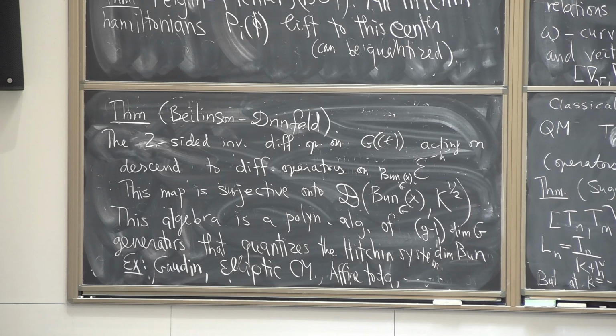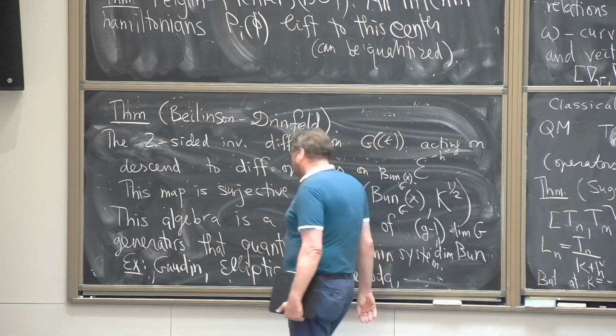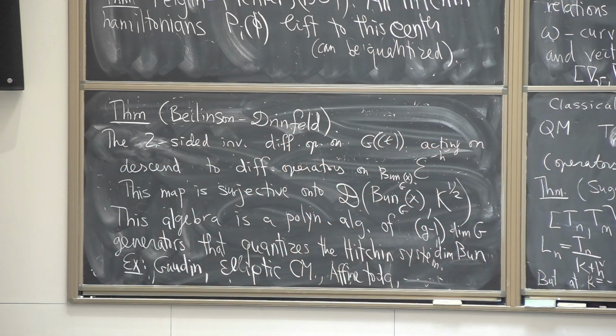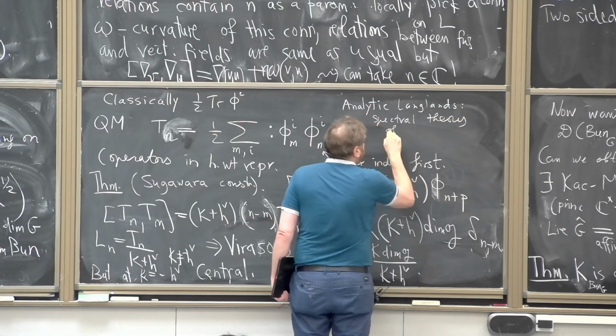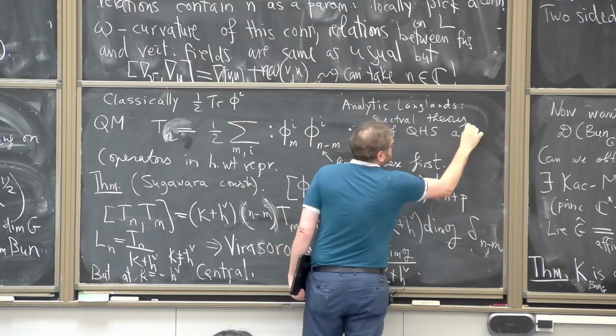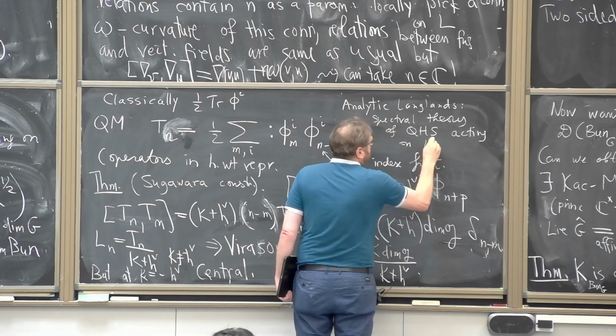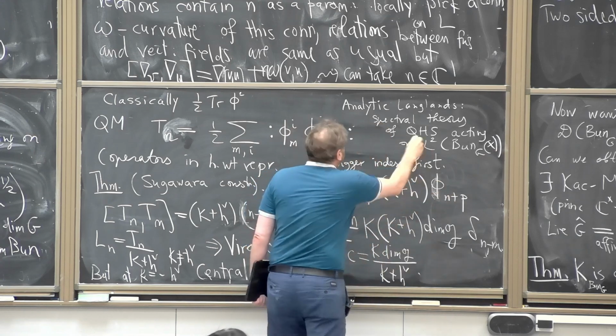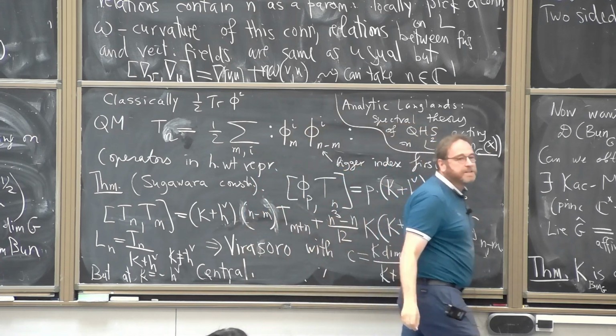So we started with L2 functions. So I talked about twisted differential operators acting on L2 functions. So in fact, maybe I should mention what is analytic Langlands. This is just the spectral theory of the quantum Hitchin system acting on L2 of Bun_G of X, which we conveniently don't have to choose a measure because we're working with half densities.